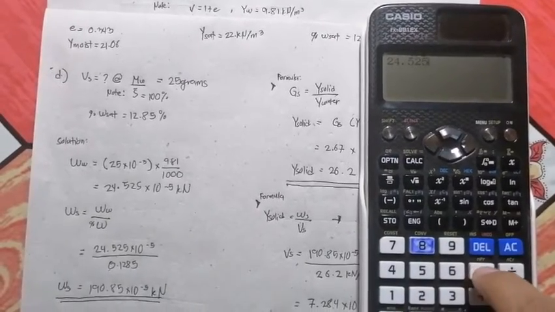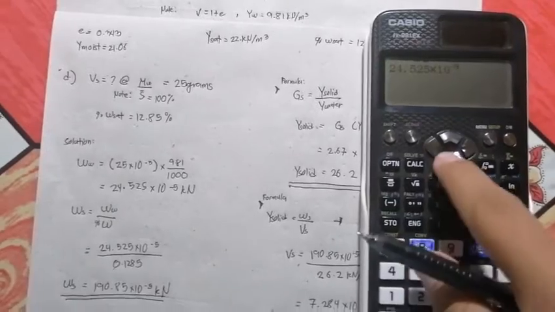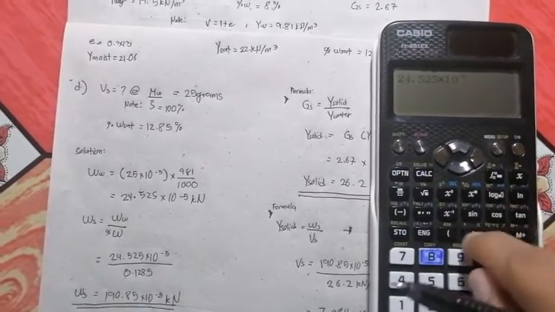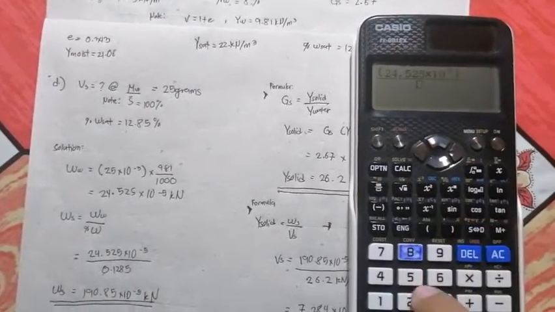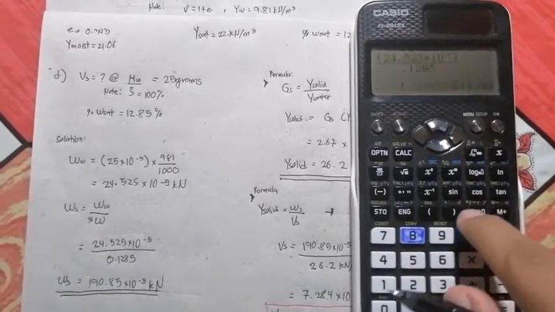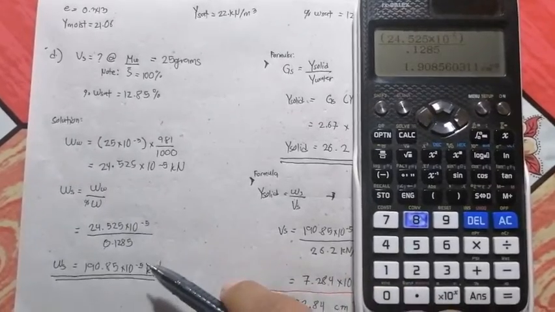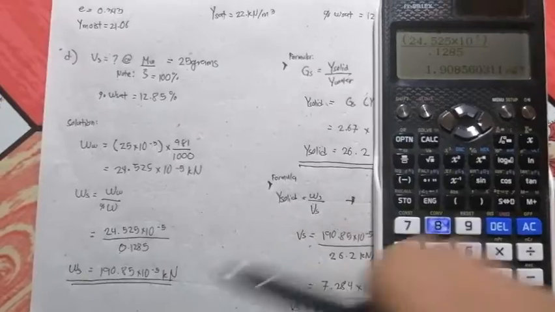24.525 times 10 to the negative 5 over 0.1285. Okay. So, yan. 190.85 times 10 to the negative 5 kilonewton.